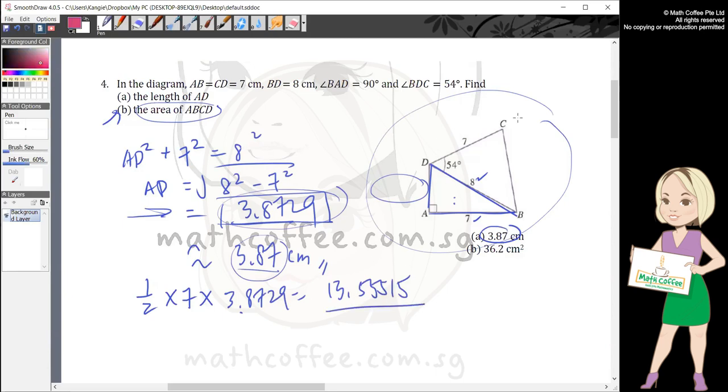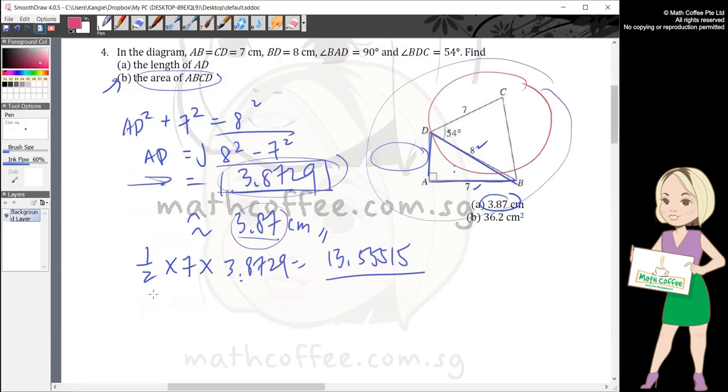And then I have to find the area of the non-right angle triangle. Just now we used half times 7 times 8 times sine 54 degrees. So just use the calculator, and we will have 22.6524.